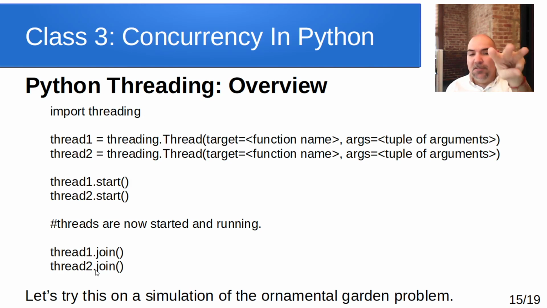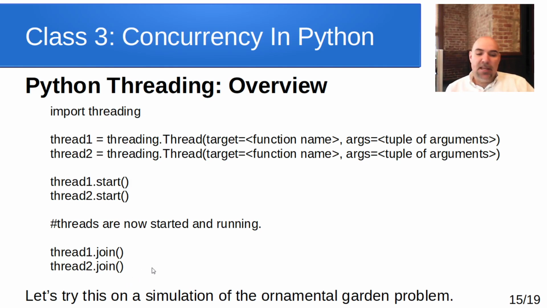And then what the joins do is, when the main thread gets to the bottom of that, first it'll wait for thread 1 to finish, and then thread 2 to finish, and then they'll go back on. So you can see why that's called join: we have the one thread, it branches out into 2, branches out into 3, and then they come back together again into 1. It's kind of forking or branching out, and then collapsing back down to 1 thread.